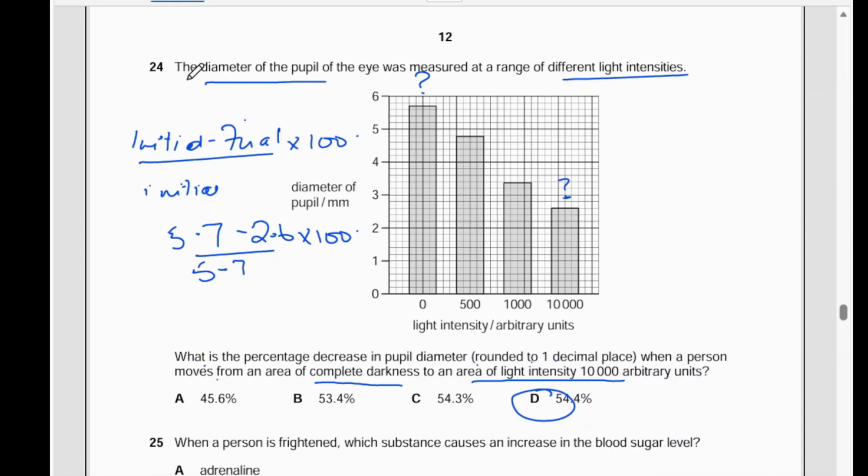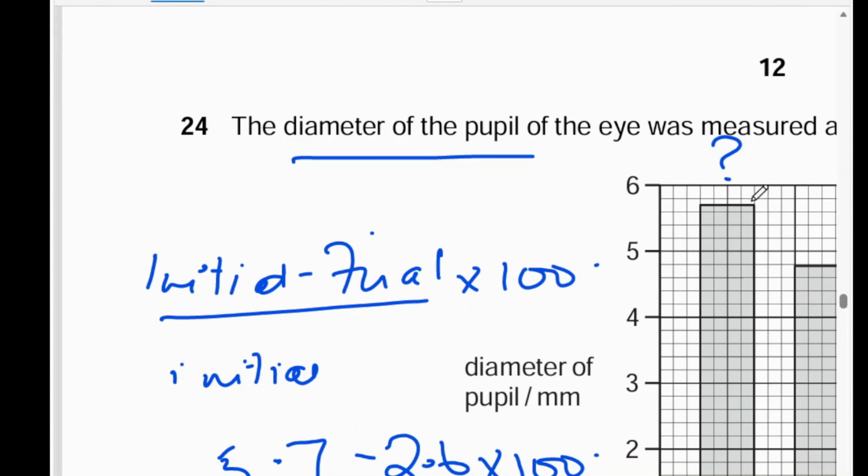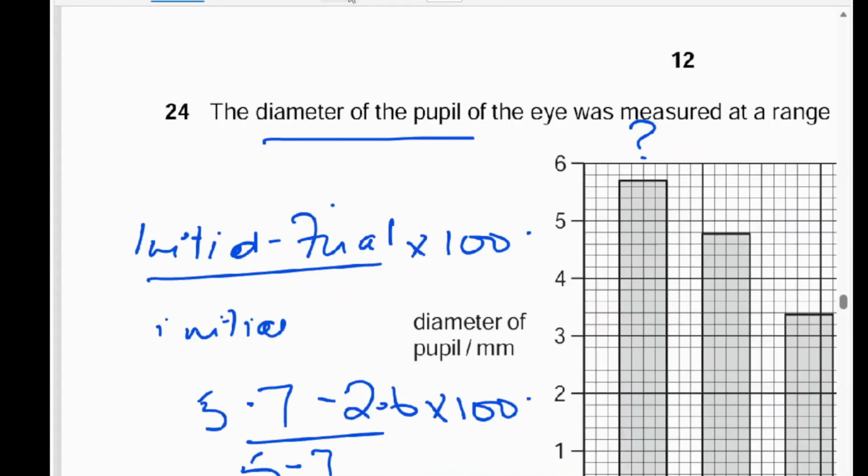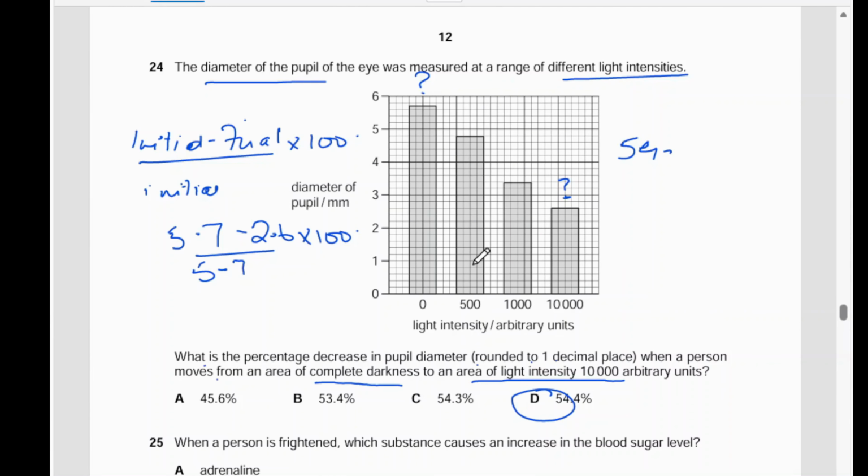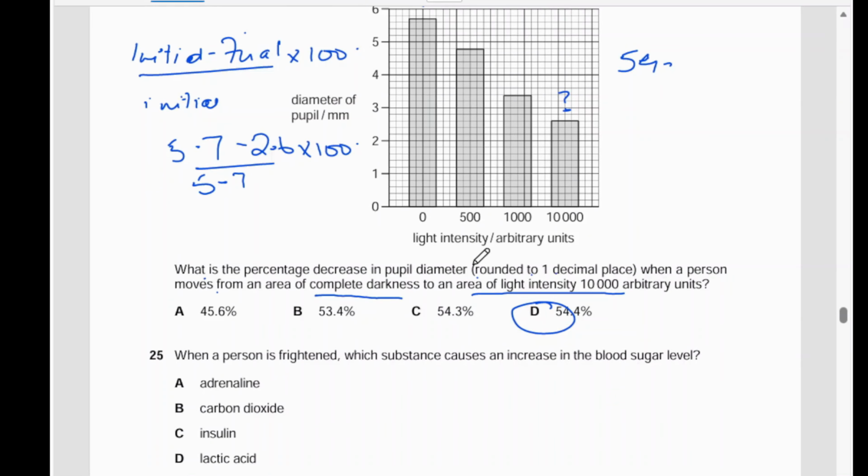So what's the original answer? 54 point... What? Wait, let me do this. It's 5.7. It's in the middle. Look now. Done.